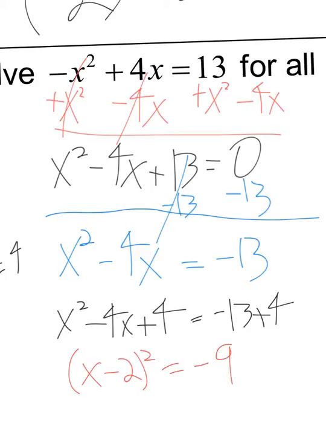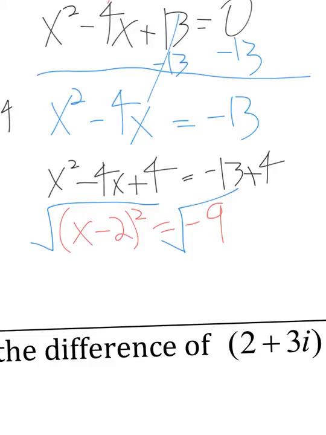All right, so I'm solving for x here. Then I can square root it. Remember, anytime you square root something, you have a plus or minus answer, whether it's a negative number or not. Remember, if you square root a negative, it just means you have an i by it. So the square root of positive 9 is plus or minus 3, and the square root of negative 9 is plus or minus 3i.